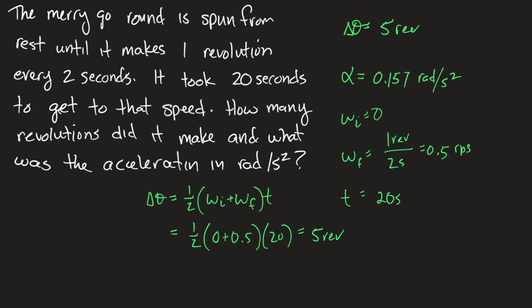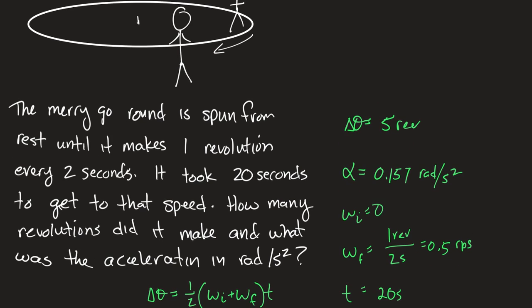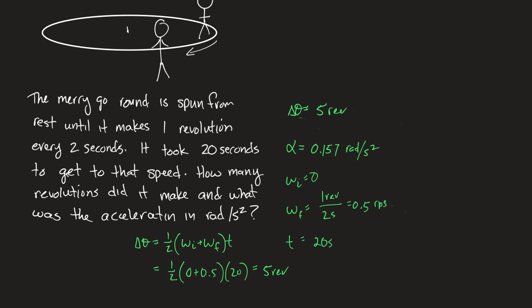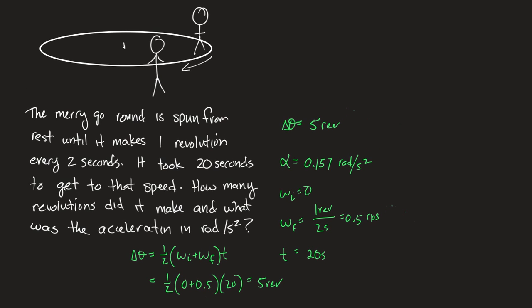Try another one. Because what you don't understand is that this is actually not near the end of what you're going to have to do. We haven't talked about the fact that perhaps the merry-go-round has a radius of 2 meters. So how fast is the guy actually moving?